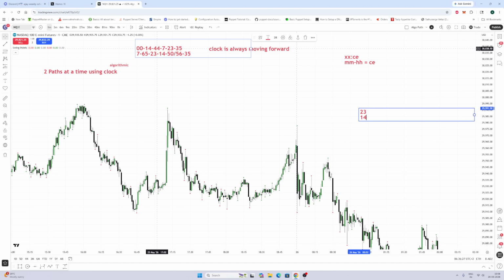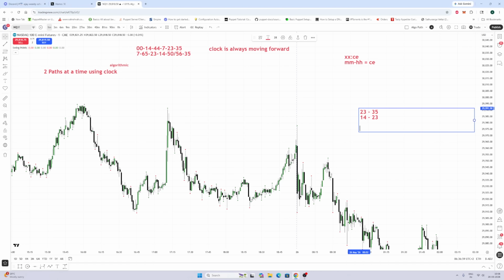You're not going to get 44 first, neither you're going to get 50 or 56, neither you're going to get 00, right? So 14 will always go to 23. So is this not an edge? Like if you have these two paths, 23 will always go to 35, 14 will always go to 23. And it's not like you have to trade it. If the market goes there and stops, creates a high or a low, then you can trade it, right?